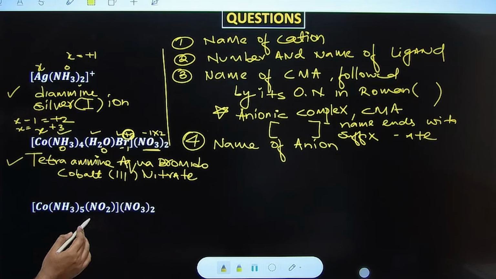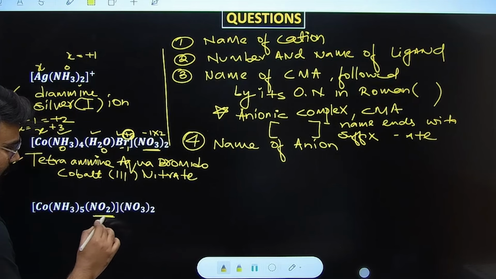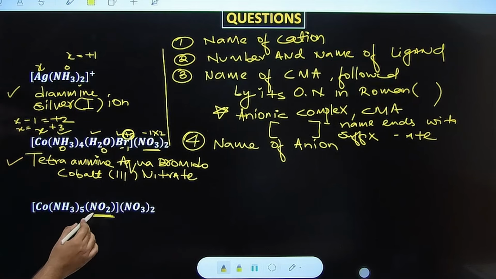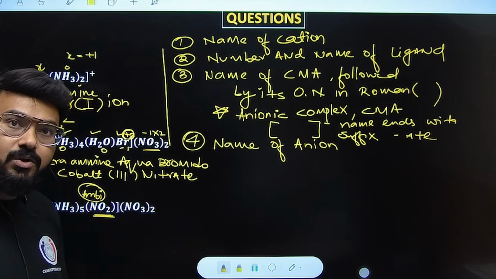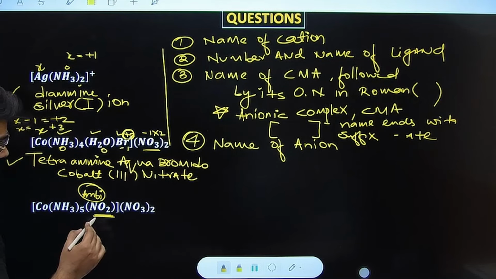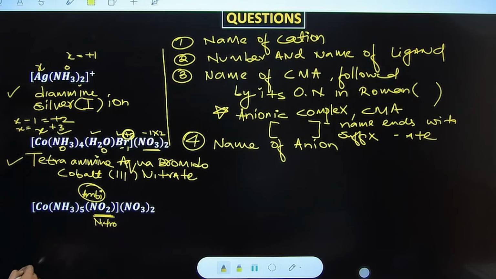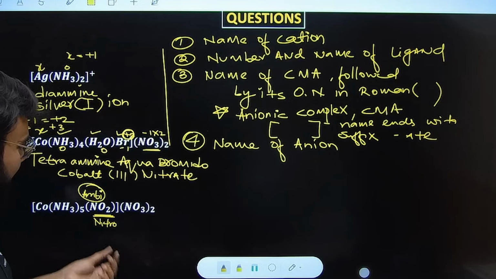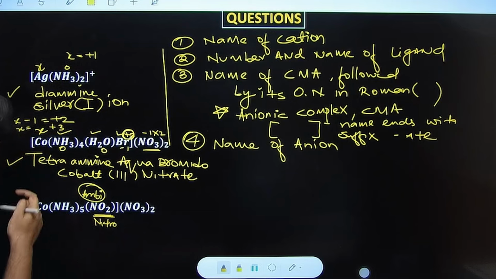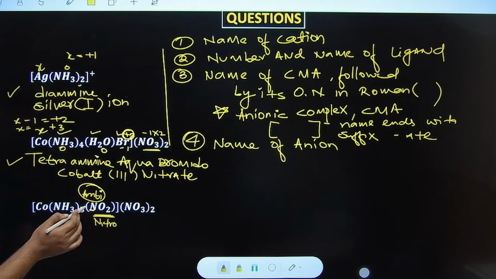Now in the third one, if you see, this is NO2. It is a special ligand, an ambidentate ligand. I think I have already told you, for ambidentate ligands there is a special rule. Because it's NO2, its name is nitro. First of all, NO2 is nitro and ONO is called nitrito. For nitro, N is the donor center.